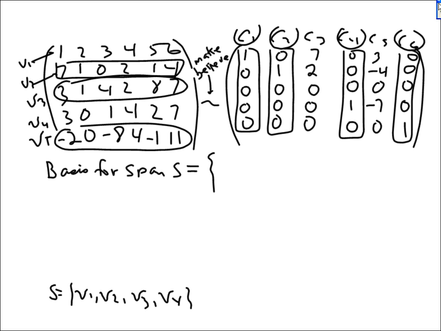Which means we come here: column 1, column 2, column 4, and column 6. That's a basis for the span of those 5 vectors.